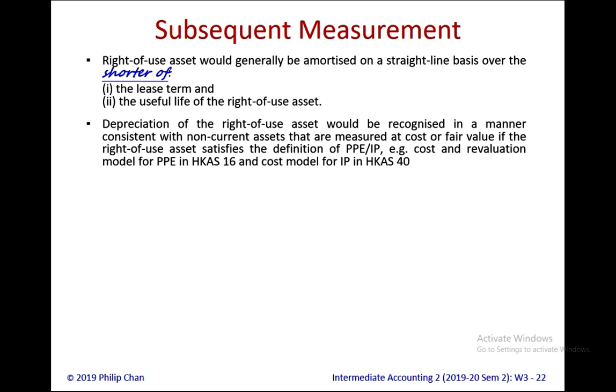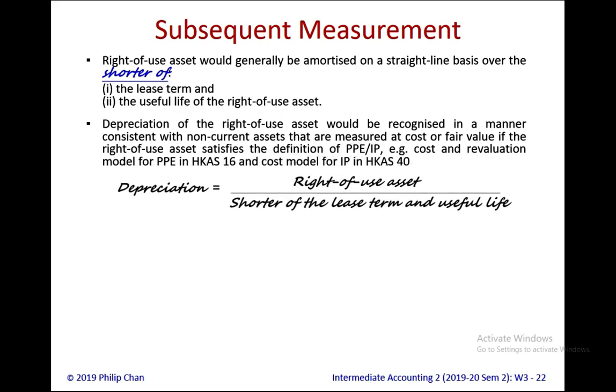It could be, in the case of PPE, cost and revaluation model, or in IP cases, it could be cost model in the Hong Kong AS 40. Of course, IP also has the fair value model. Okay, right. Now, let's determine the terms here, particularly the denominator.